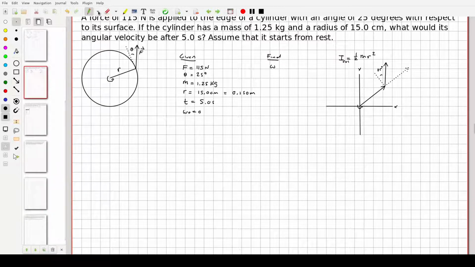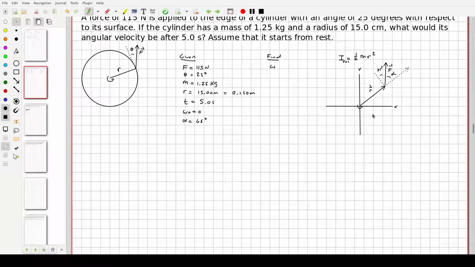All right. So again, let's just label stuff. This is R, this is F, and this angle right here, I'm going to call alpha. So if this is 90 degrees total, and this part is 25, then this part right here should be 65. So alpha, which is the angle between F and R, is 65 degrees.